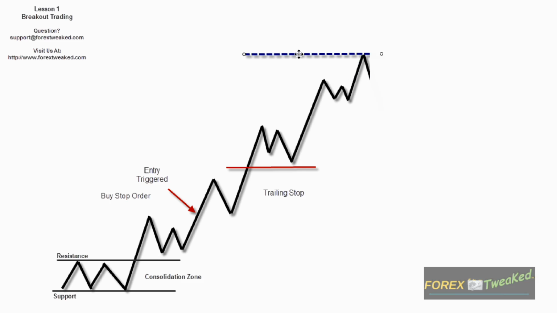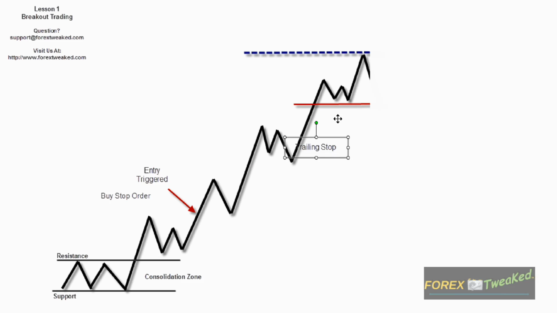We mark that point, and also we move our stop loss up one more notch at the next support level. Then we continue and wait for another breakout, and this time price doesn't retest the previous high. It fails on that, and it goes all the way down and stops us out.